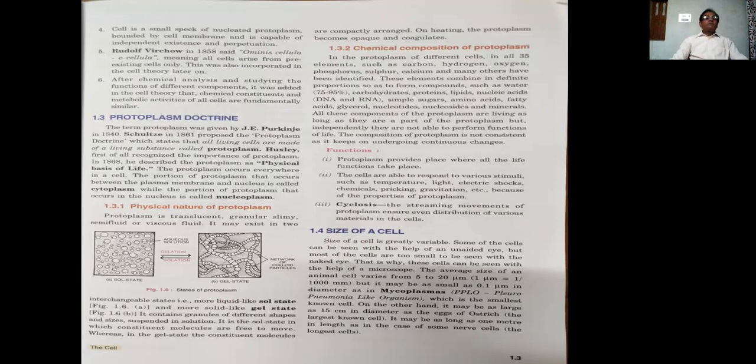The term protoplasm given by Purkinje means the cytoplasm, nucleus all together, or the nucleoplasm, the substance found inside the nucleus, together known as protoplasm.